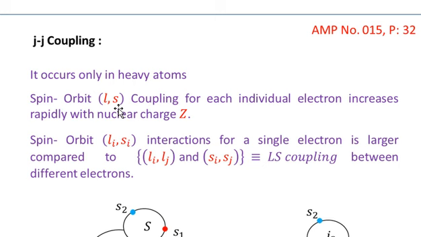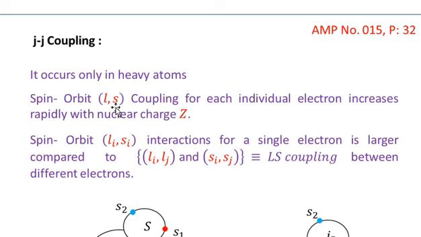So for the individual electrons, the coupling of the orbital angular momentum and the spin angular momentum becomes much stronger, and due to that, the JJ coupling arises. That is, the spin orbit coupling of these individual electrons becomes much stronger.